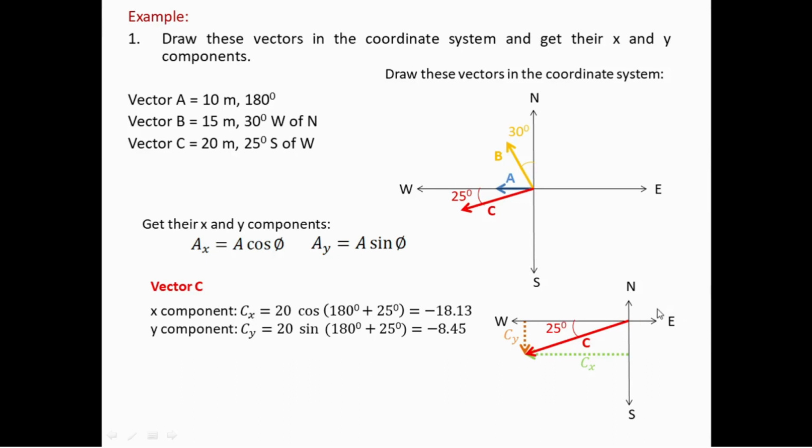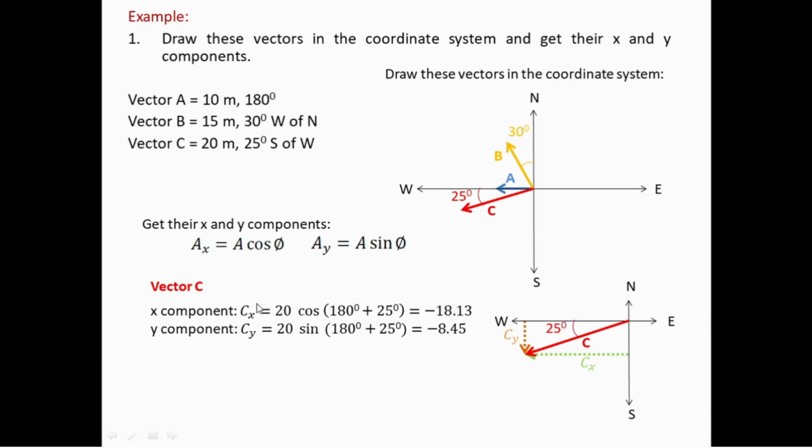As you can notice, from the positive x-axis towards this vector c, we have to pass through the first quadrant and the second quadrant, and then we have an additional 25 degrees, which means that the reference angle should be 90 degrees plus 90 degrees plus 25 degrees, which is 180 plus the 25 degrees here.